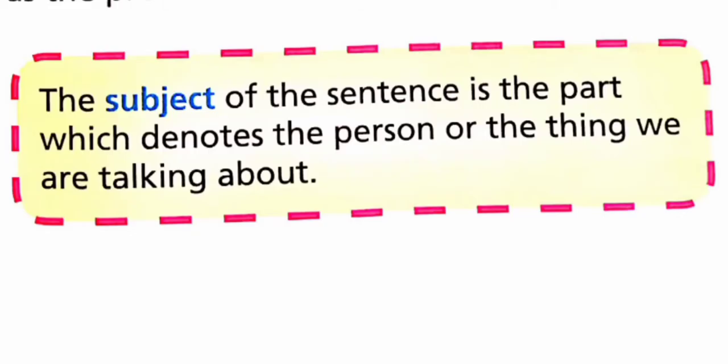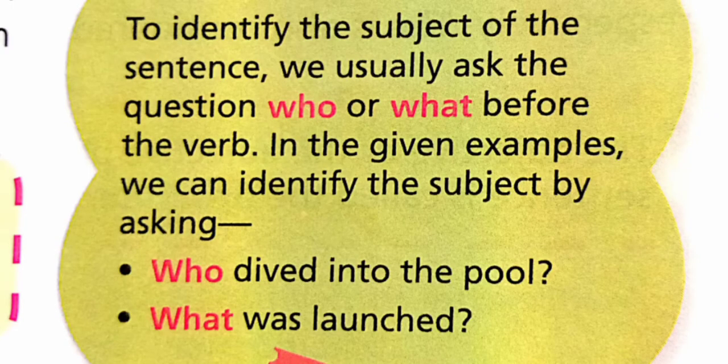So the subject of the sentence is the part which denotes the person or the thing we are talking about. For identifying the subject of the sentence, we usually ask the question who or what before the verb.